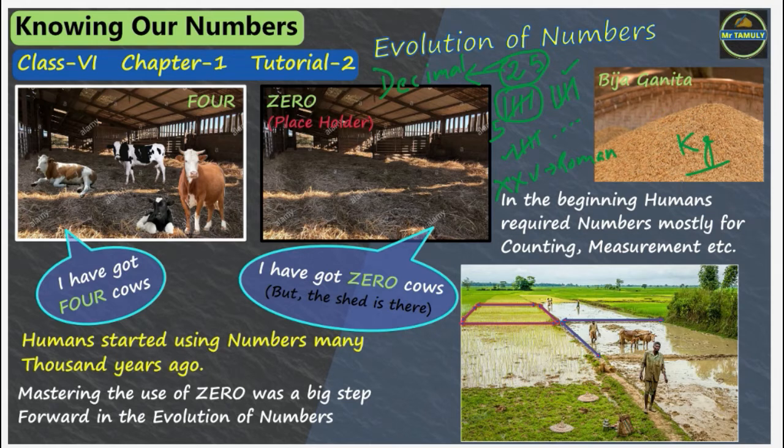People must have tried counting seeds, even though this is really a very difficult job. And it sounds kind of foolish to try and count the number of seeds in a large heap like this one. In our language, we have a term called Bijganit. You may have heard this term. There is a branch of mathematics called algebra, and in our language, we have this term Bijganit for it. The literal meaning of Bijganit is counting of seeds, and it is quite probable that what started as an effort to count the seeds in a heap resulted in the development of a number system, and gradually it grew into the branch of mathematics we now know as algebra or Bijganit.